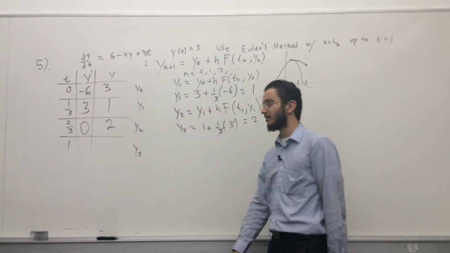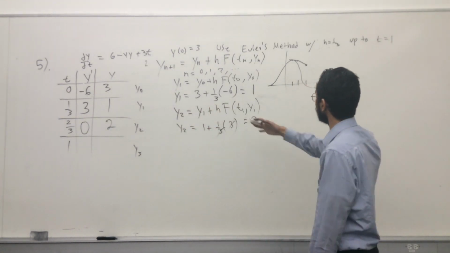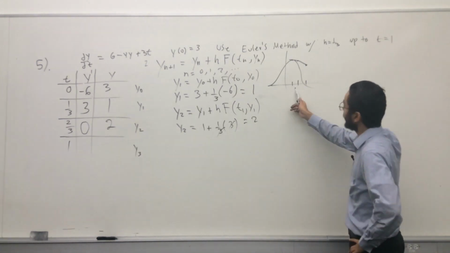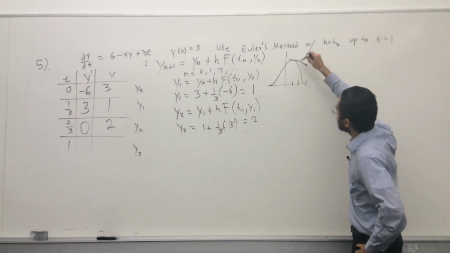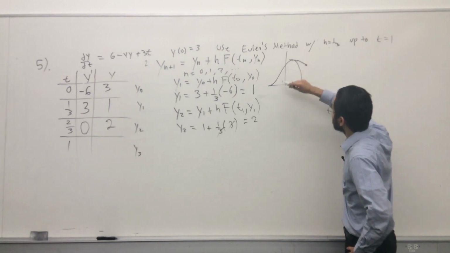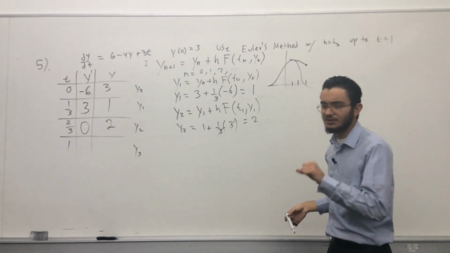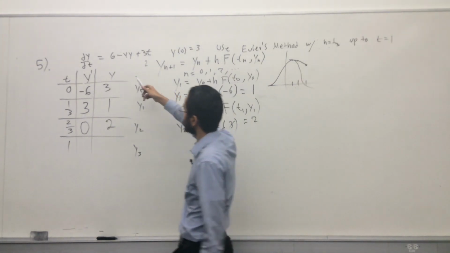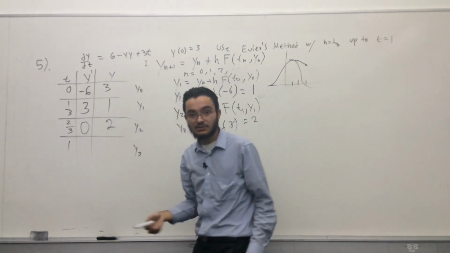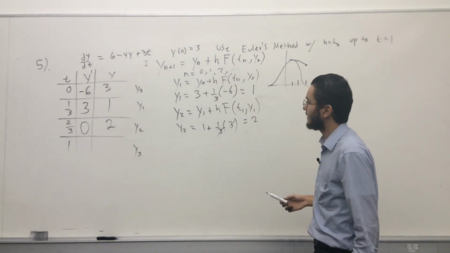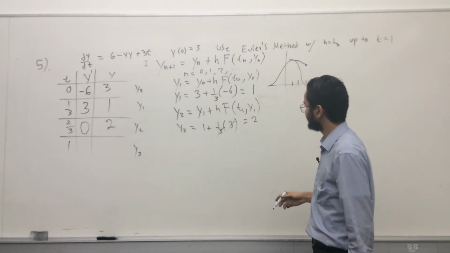Interesting, the value of the slope is 0 at that point. So if you think about it, this is 1/3 and 2/3, so it makes sense that it's 0, because this is the shape of the graph. If you plot it on Desmos, you can solve the differential equation using the integrating factor method and put it on Desmos, and you will see it's going to be something like that.